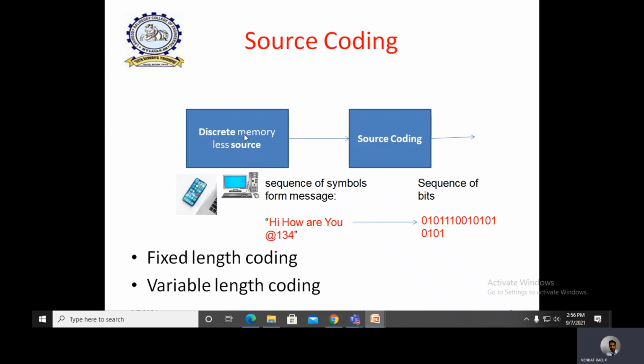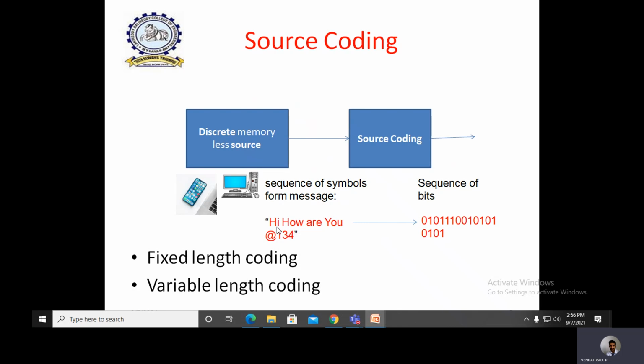For example, if you have a discrete memoryless source, it is like a discrete source which emits or sends some discrete symbols or sequence of symbols which form a message. Let us think you are using a mobile phone or a computer. Suppose you want to send a message through WhatsApp or any messenger, so you are going to type some message, right?